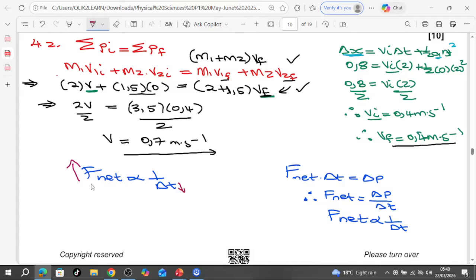So if the force increases, the time will decrease. We can see that F net is directly proportional to delta P. If the F net increases, the change in momentum increases. And if the F net increases, the change in time decreases.